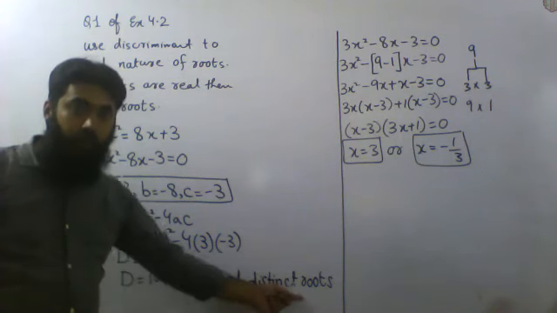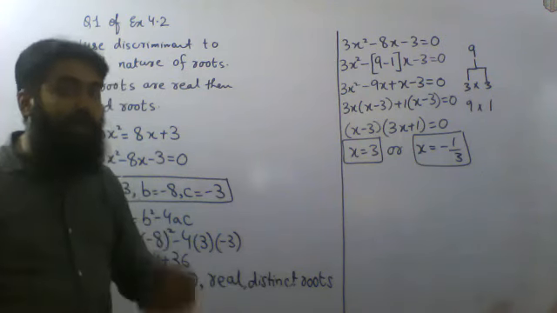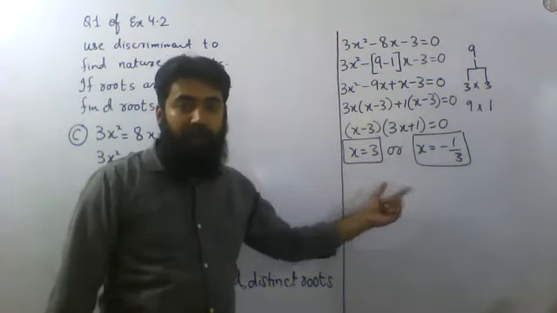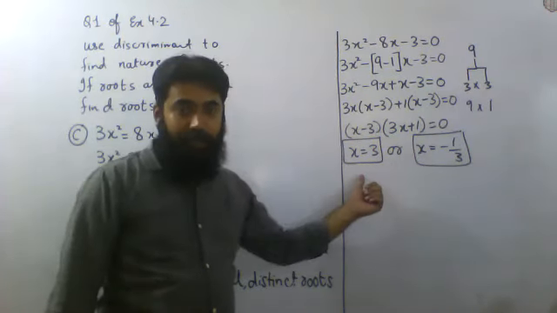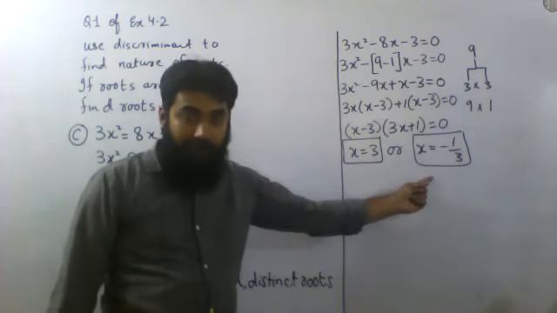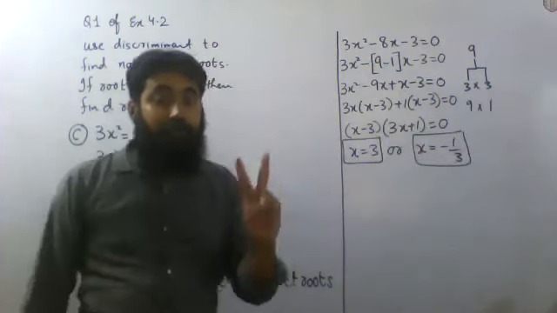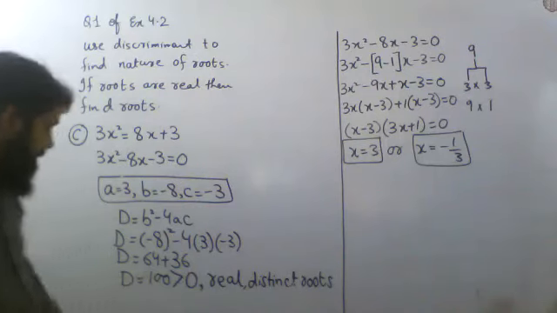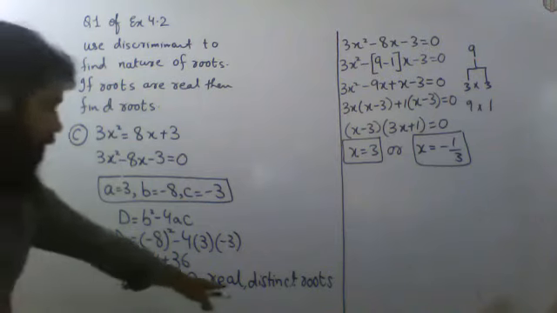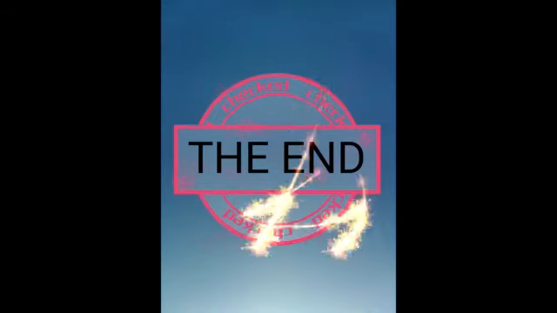Distinct means different, roots means answers. So when I have solved the value of x, I am getting two different answers over here. One is x equals to 3, one is x equals to minus 1 over 3. These are two different answers according to the nature I have found over here.